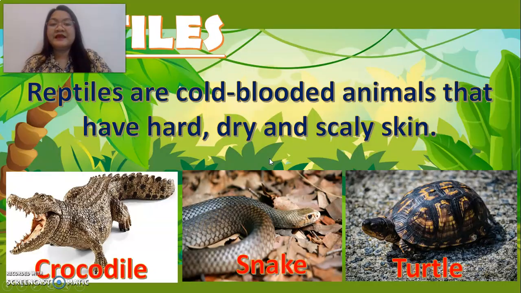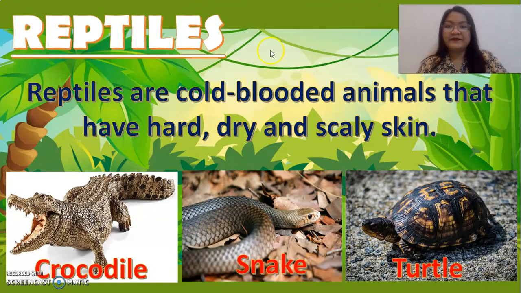Number 3, we have reptiles. Okay, number 3, then can you say reptiles? Reptiles. Very good. So reptiles are cold-blooded and have hard, dry, and scaly skin.